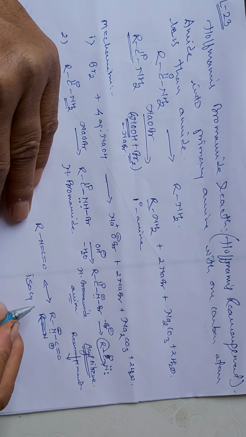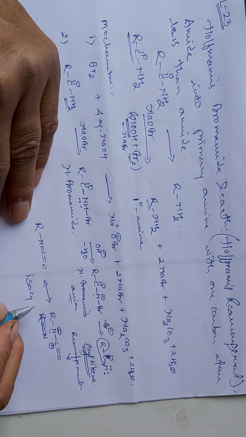And so here in the last step, this undergoes elimination, and it liberates carbon dioxide, that is RNH2 plus CO2.